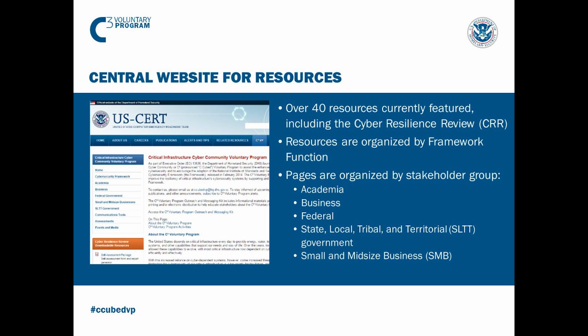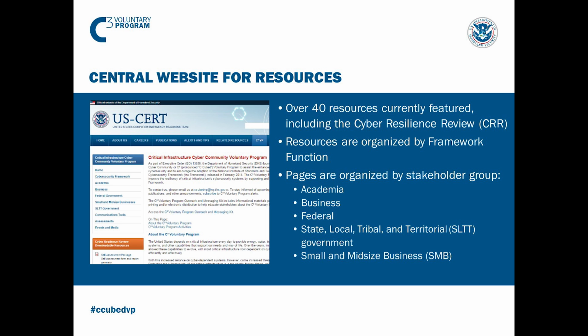Through our C-Cubed website, and I know you can't see it that well, it's kind of wobbly here on the screen, on the left-hand side you see the various stakeholders listed, and you can click on the link for whichever sector or group you're with.